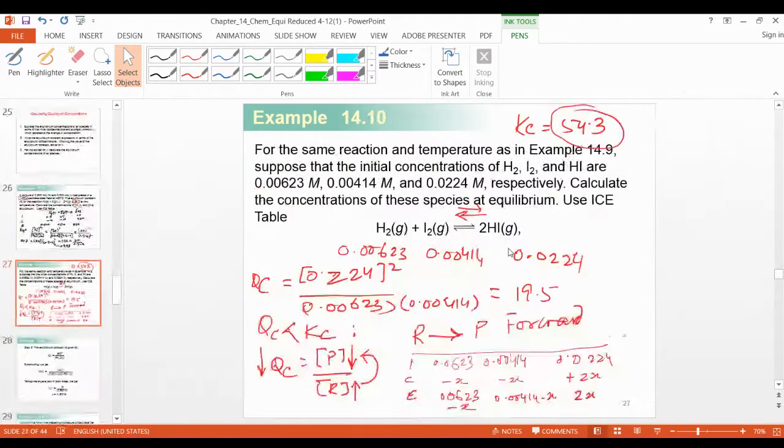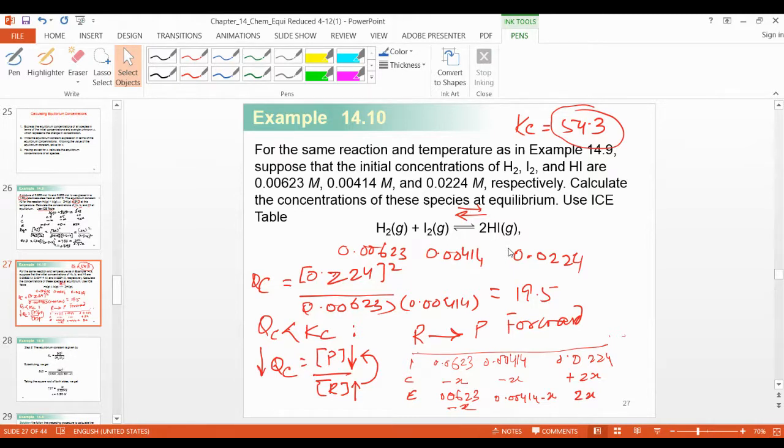But in the second reaction, products and reactants are both present, and we don't know which direction the reaction proceeds. So first we calculate Qc and compare it with Kc to decide the direction. If it is the forward reaction, then you use the same Kc calculation.